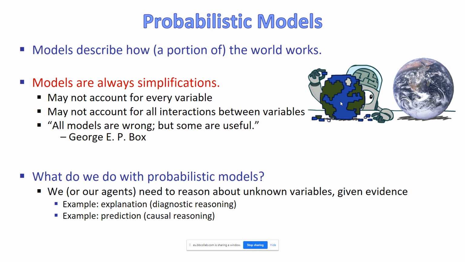That's why we call it prediction, and that's causal reasoning because we start from the cause. In diagnostic reasoning, we start from the symptoms, and we want to do diagnosis to know why this is happening. What are the causes? Okay, so these are two very common examples of using probabilistic models.